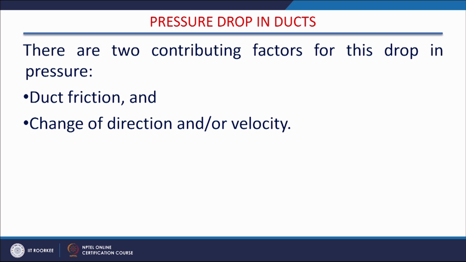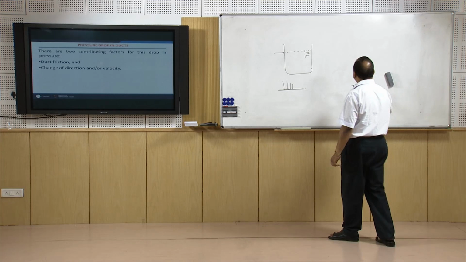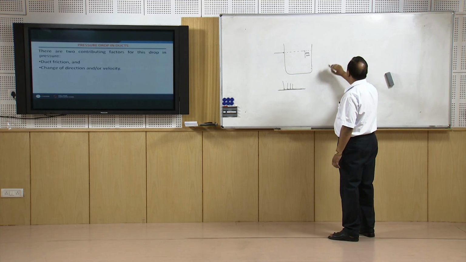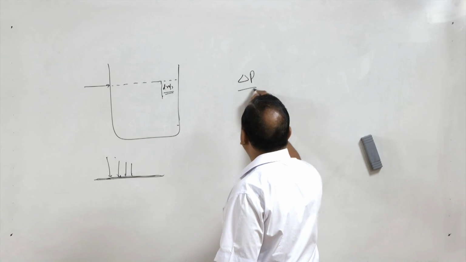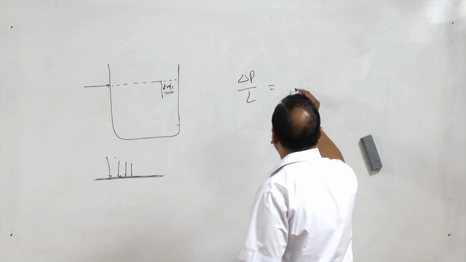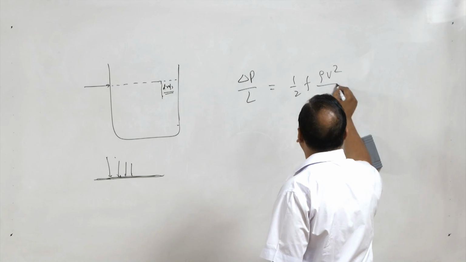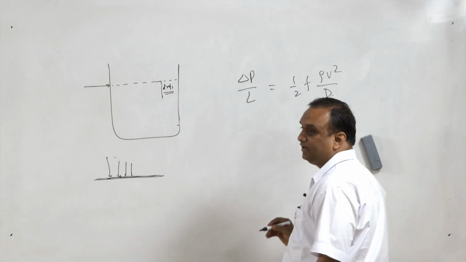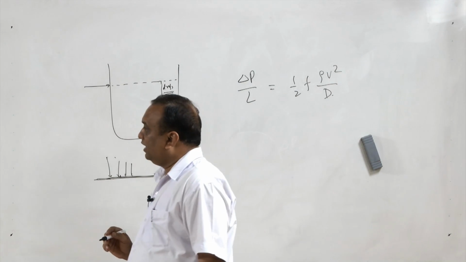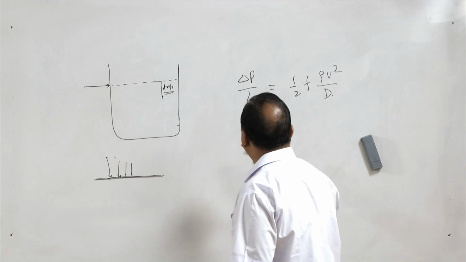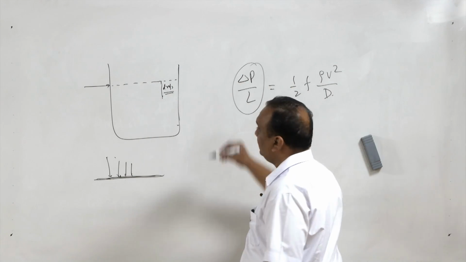So pressure drop in a duct can be attributed to two factors. One is duct friction, another is change in direction or velocity. Duct friction: delta P by L is equal to half f rho V square by D, where D is the duct diameter, and this is the pressure drop per unit length.